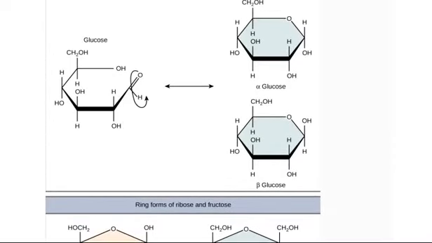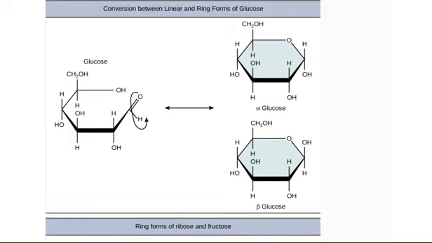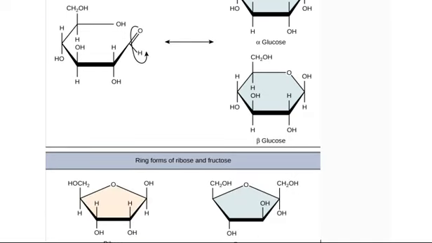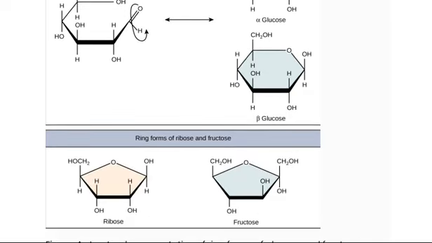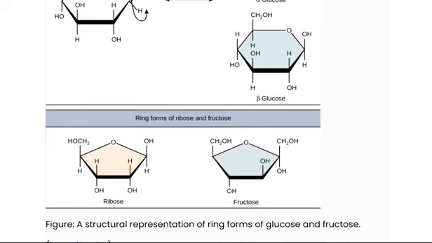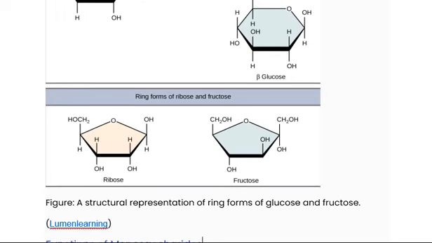So we have it here. Conversion between linear and ring forms of glucose is what we are looking at here. So the linear form is being converted to the ring form. Then the ring forms of ribose and fructose are shown below in this figure.